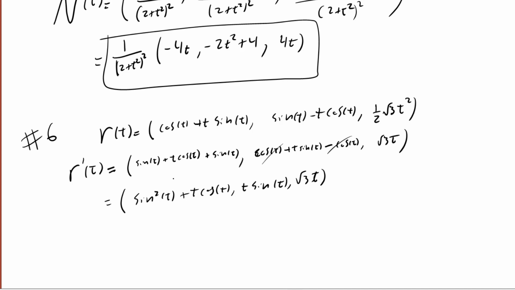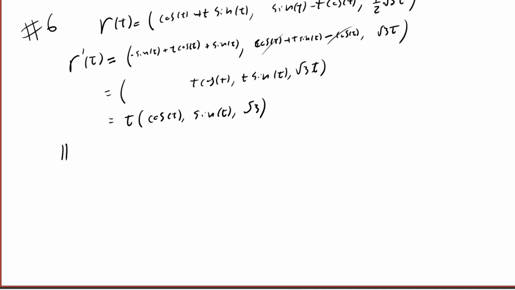Oh, derivative of cosine is negative sine. So yeah, that actually cancels out. Okay, so now I can write this as t times cosine t, sine t, root 3.